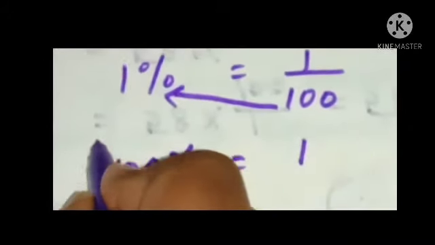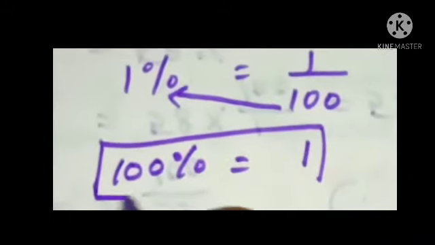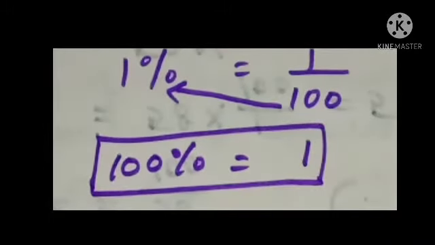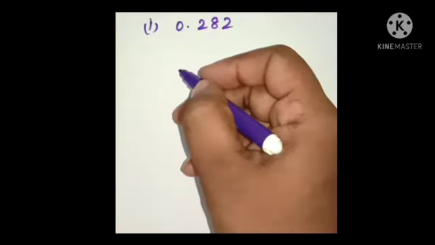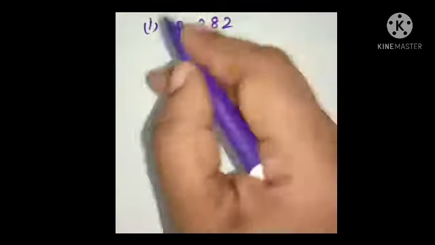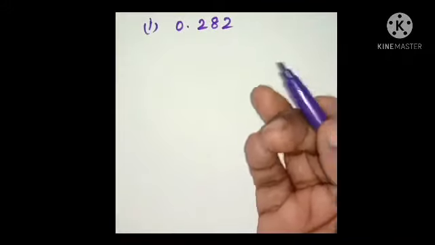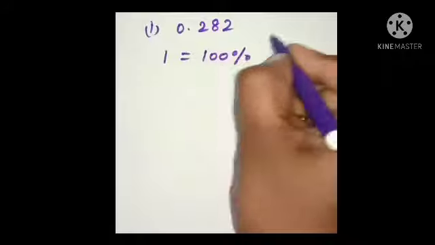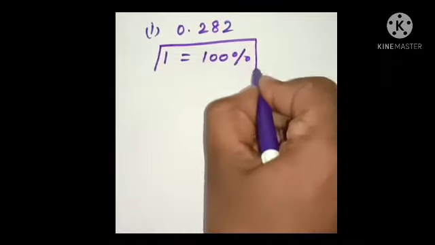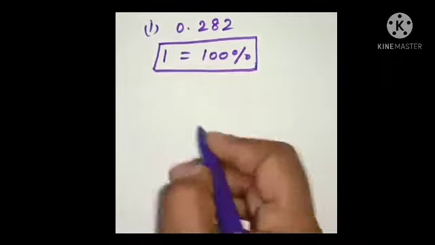So in place of 1 we can write 100%. To convert a decimal to a percentage, 1 is equal to 100%. We have to remember 1 is equal to 100%.